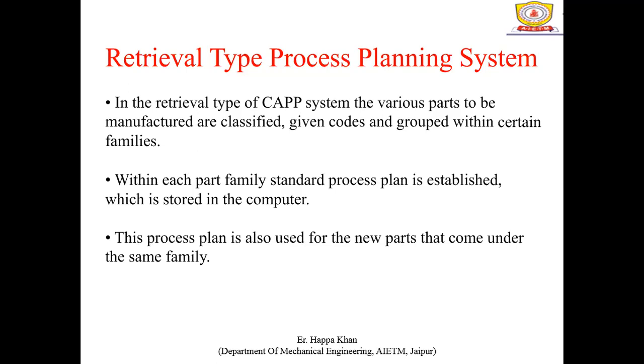Group technology is a manufacturing philosophy in which similar parts are identified and grouped together. The grouping of those parts is called a part family. And for the particular part family, one code is assigned with the help of a part classification and coding system.